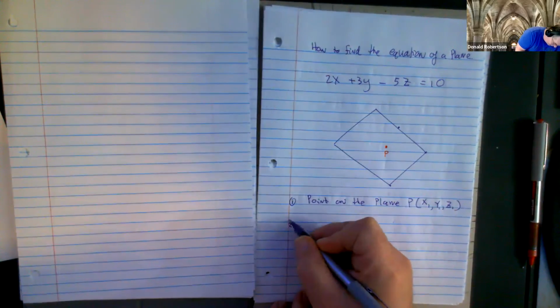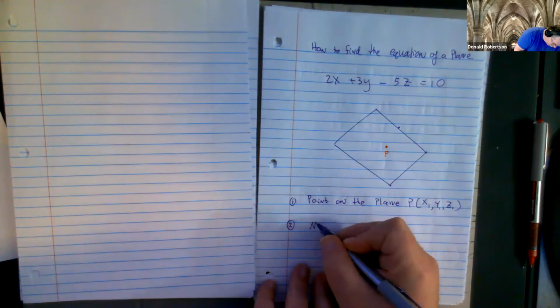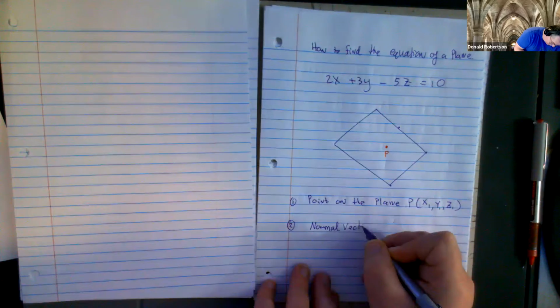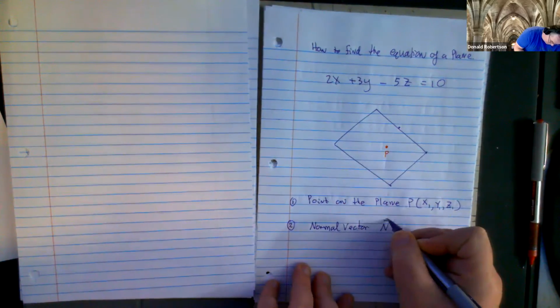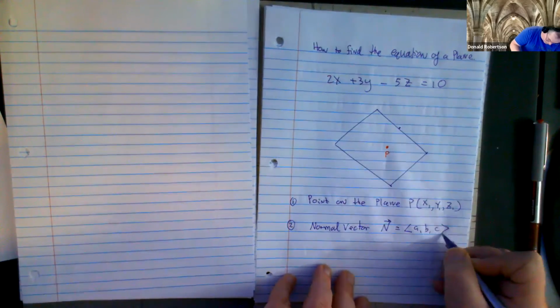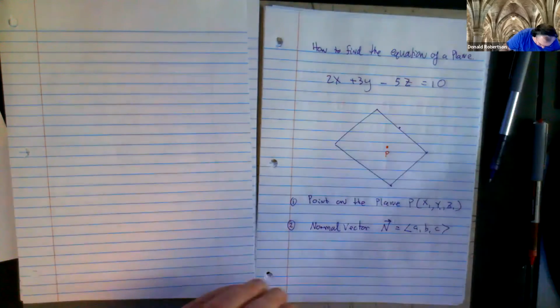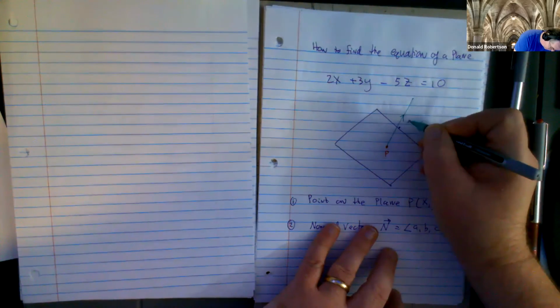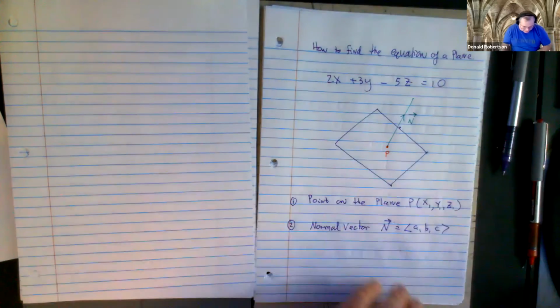The second thing you need is a vector called the normal vector. I'm going to call it A, B, and C again. And the normal vector is a vector that is at right angles to the plane. Any vector will do.